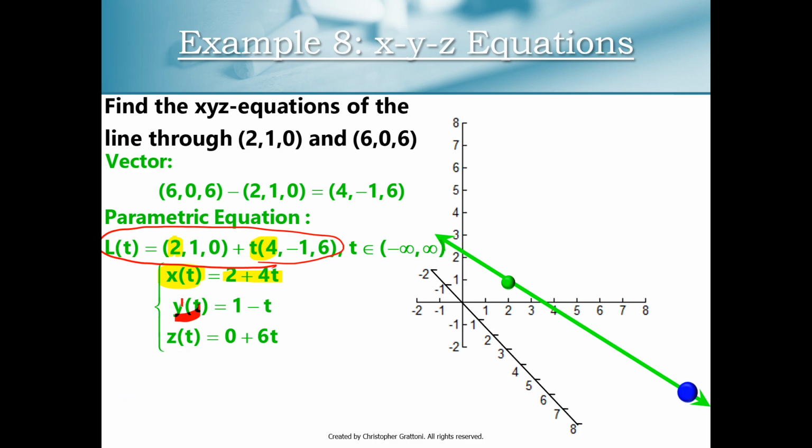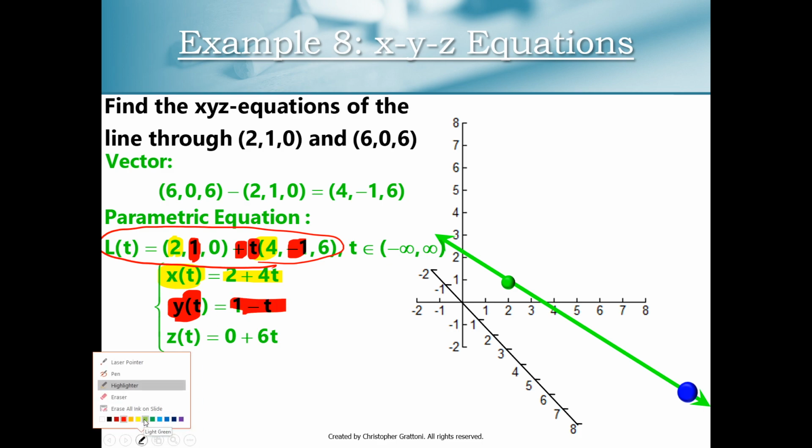For my y of t right here, I'm going to take 1 plus t times negative 1, also known as 1 minus t. Notice how I'm just looking at this component by component, and that will take care of it. For our z of t, that's not a great choice of color there because it's going to be very, very hard to read. Honestly, I'm just going to go back to yellow.